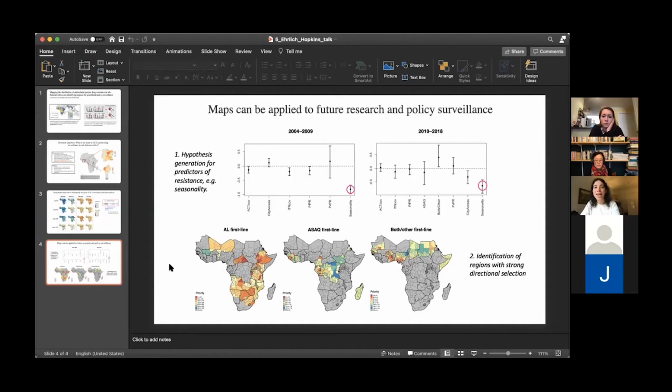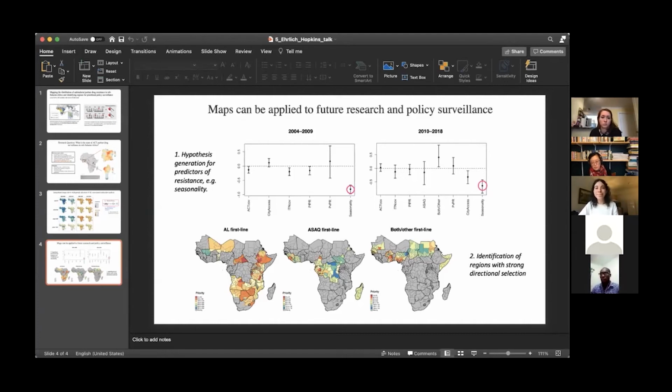However, that initiative is relatively new, and these models look at data collected from 2004 to 2018, but most of the data collection ends around 2015, which is right around the time that SMC administration began in West Africa. So we're not expecting to see major changes to our results there.